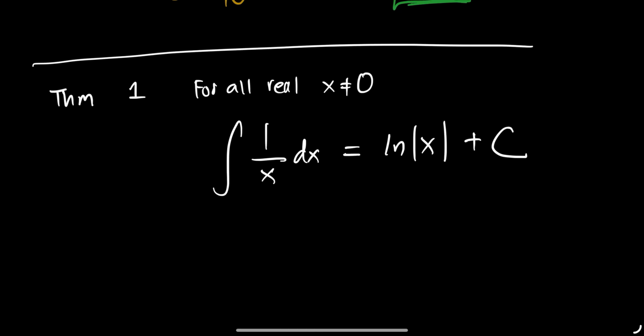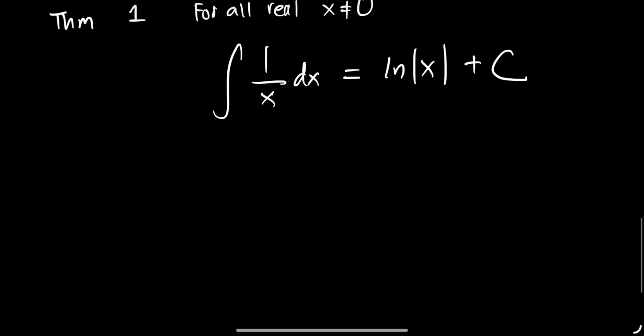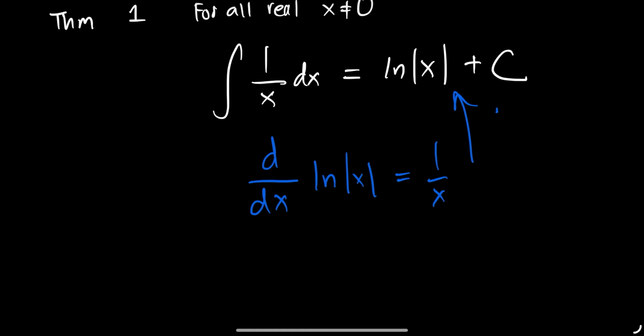You're like, how does this make sense? From differentiation, we know that if you take the derivative of ln x, we get 1 over x. So same thing here.